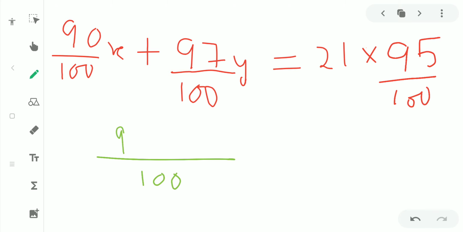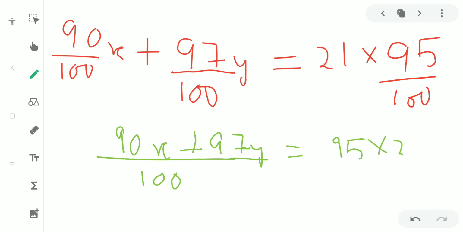So 90x plus 97y is equal to 95 into 21 by 100, where 100 and 100 get cancelled.